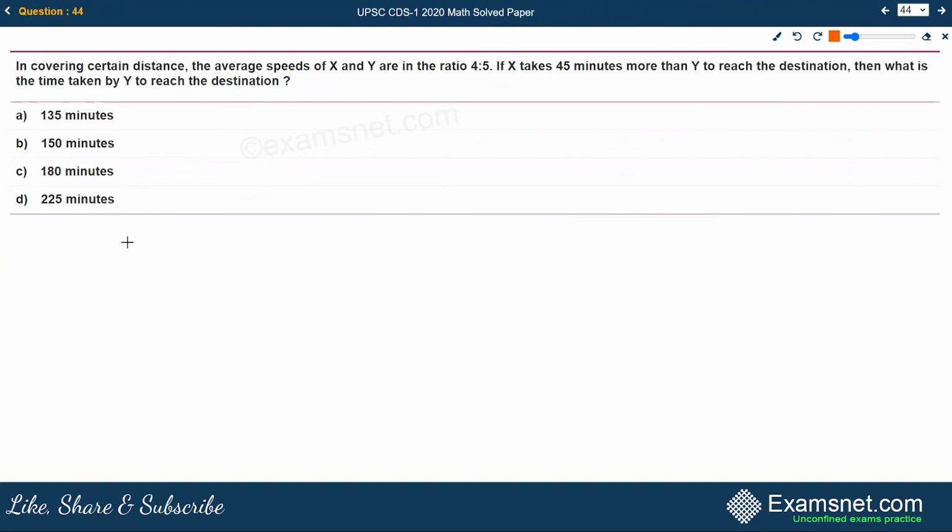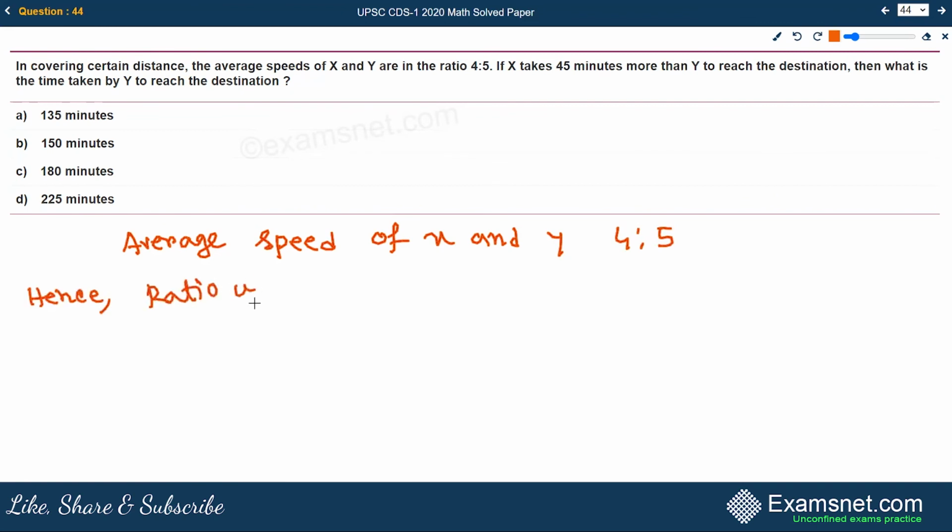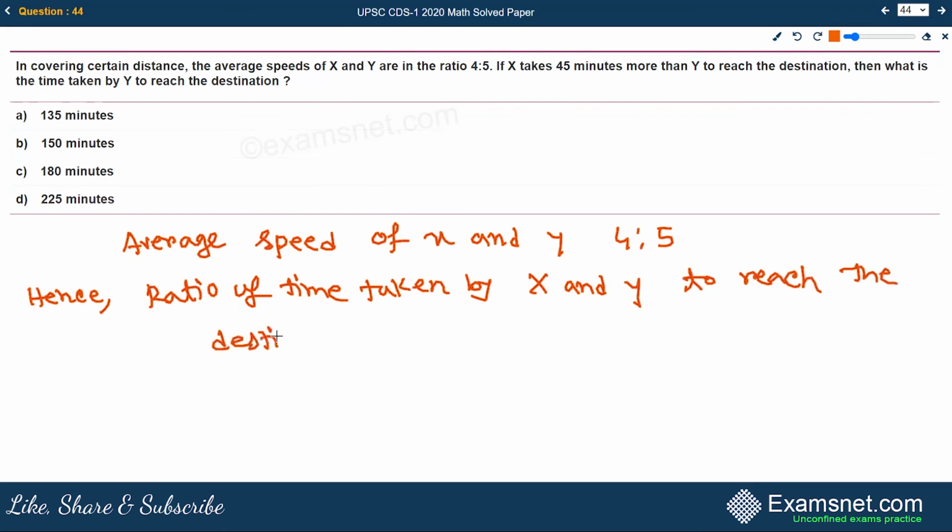So here we are given that the average speeds of x and y are in the ratio 4:5. Hence the ratio of time taken by x and y to reach the destination is the reverse of this ratio, that is 5:4.